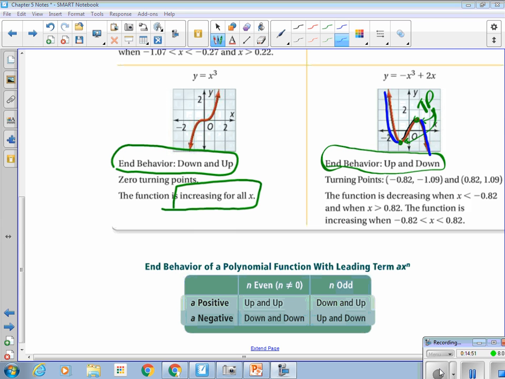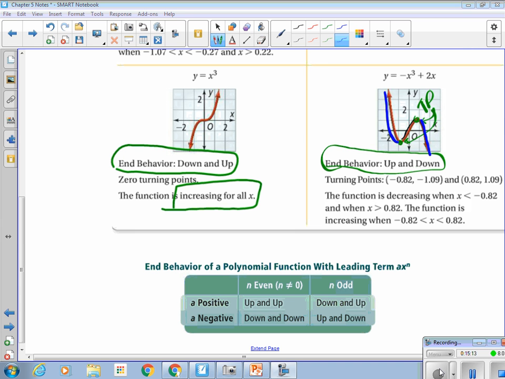So it's going to be up on the left and up on the right. Touchdown. Up and up. If your a term is positive and you have an odd function, then you're going to start down, and then you're going to go up.